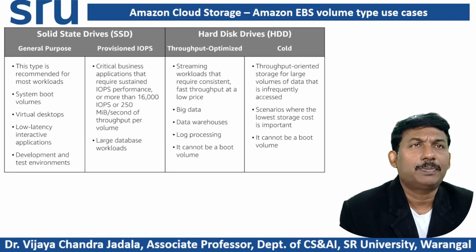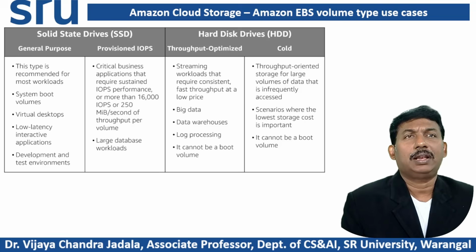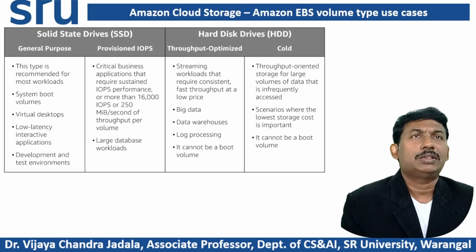The general purpose type is recommended for most workloads, and for boot volumes. System boot will be in these volumes, and it is used for virtual desktops. Low latency interactive applications are used. Development and test environments are majorly considered in general purpose solid state drives.